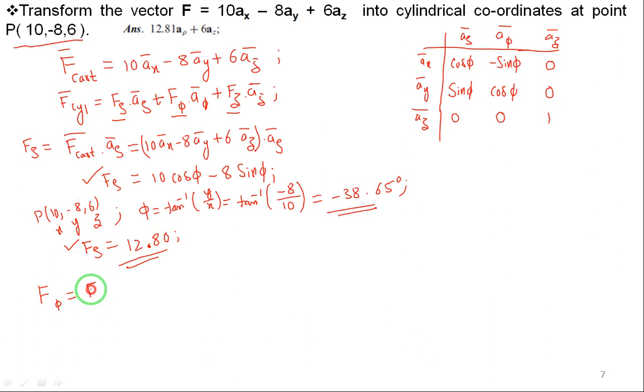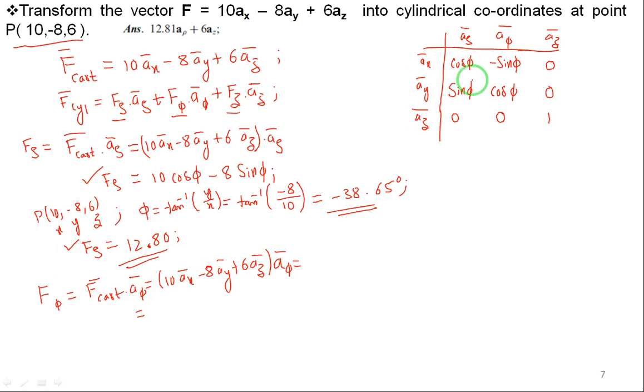So take the projection of the Cartesian vector along the phi direction: F Cartesian dot A phi. So F Cartesian I have, that is 10 ax minus 8 ay plus 6 az, and multiply with the A phi. Already I have the table here. We can make use of this table and calculate.